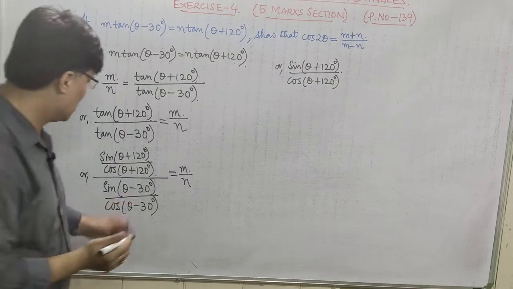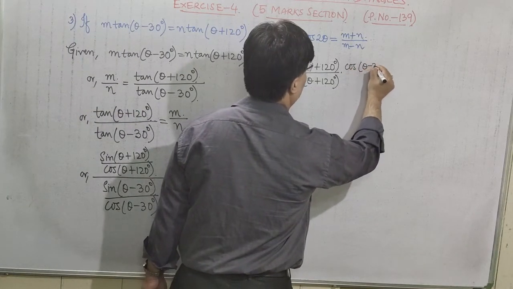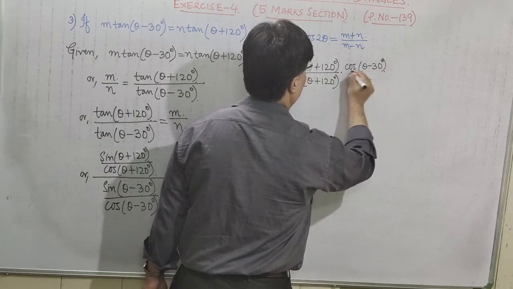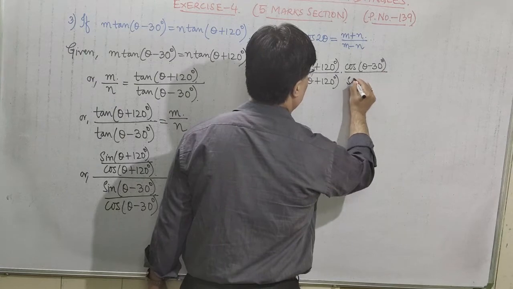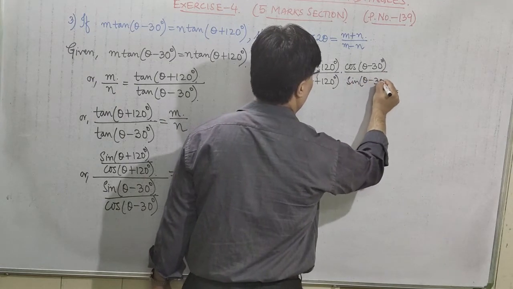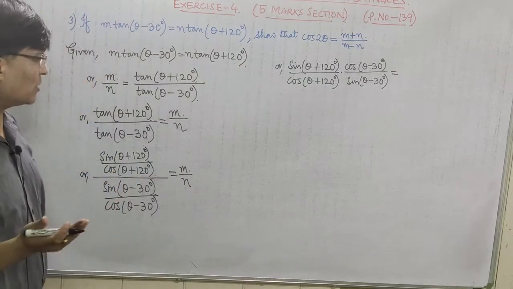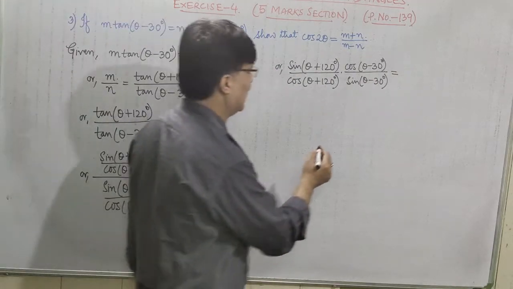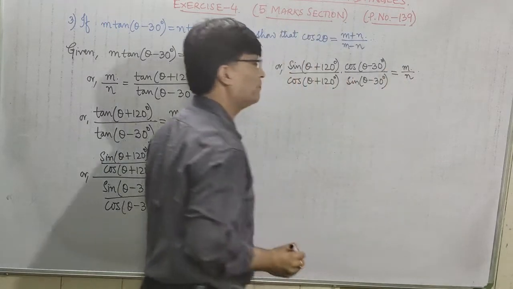You know that, isn't it? So cos of theta minus 30 degree goes up in the numerator, and there will be sine of theta minus 30 degree, which is equal to, what is there on the right hand side? It is m upon n. It is m divided by n.